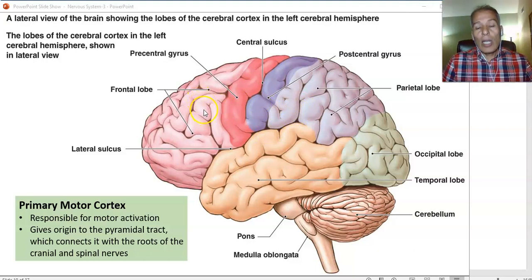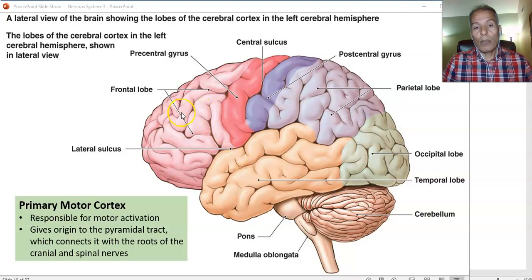In addition, the premotor area serves as a depository, a place to store memories of previous movements that you did, so that you don't have to learn them every time you make the movement. That is a critical function that it has.